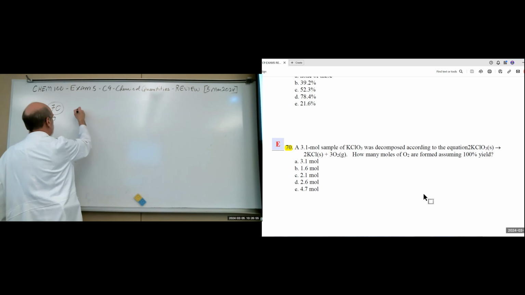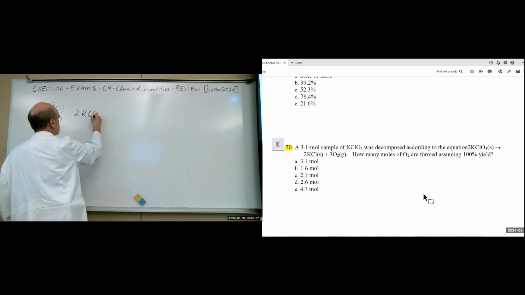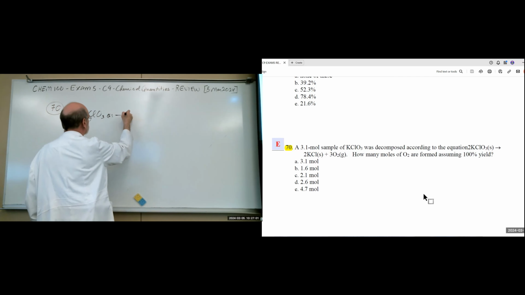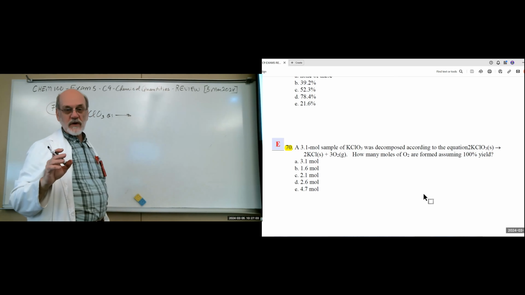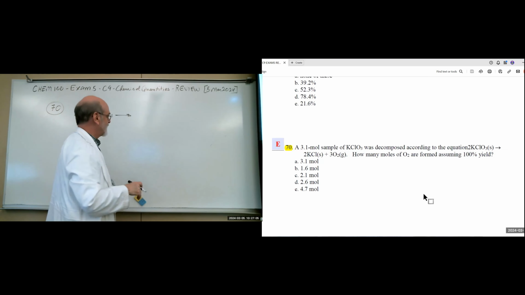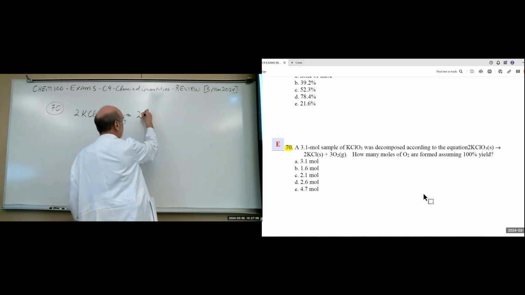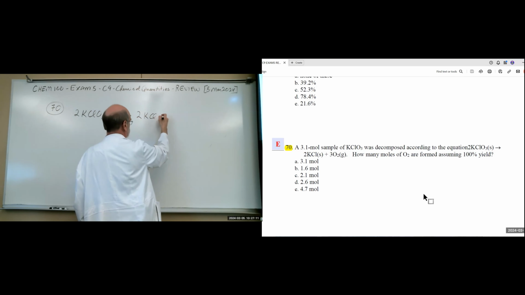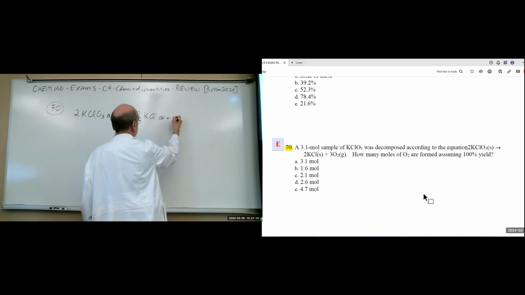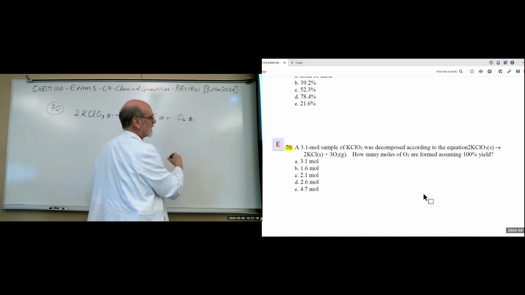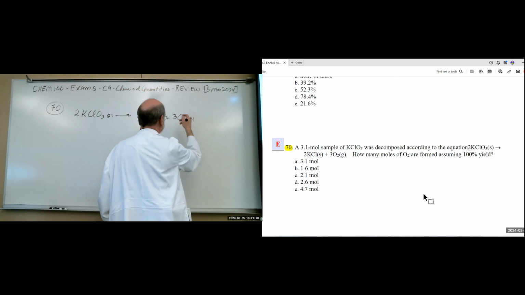So we have 2 potassium chlorate, which is a solid, decomposed into potassium chloride and oxygen. In this case, we're not decomposing all the way down to elements. We're only going part of the way. That gives oxygen gas. And let's see, that should be a 3, yes.